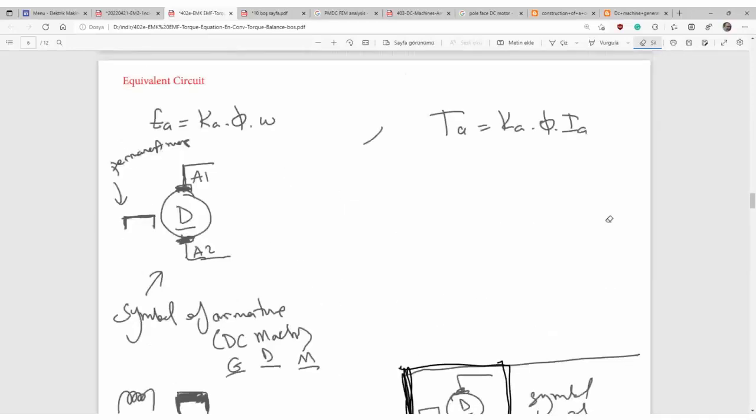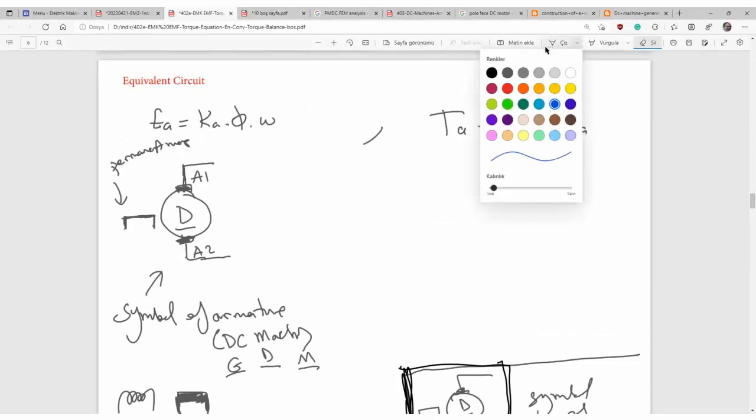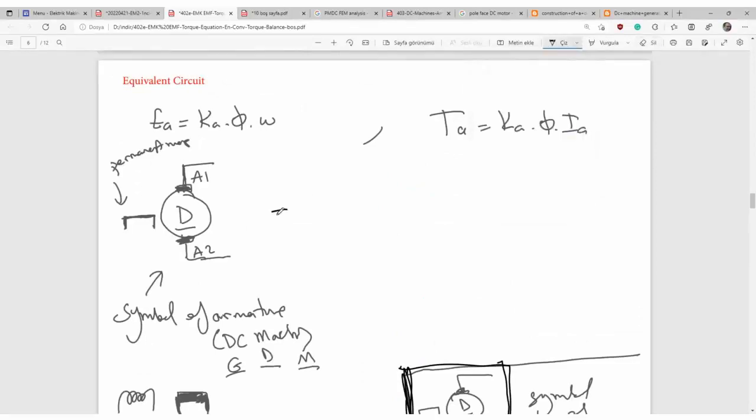Okay, now what does it mean? Take care. Inside the armature, there's an independent voltage source, plus and minus. The value is the armature EMF, the mean value, DC value. And then there are some resistances.